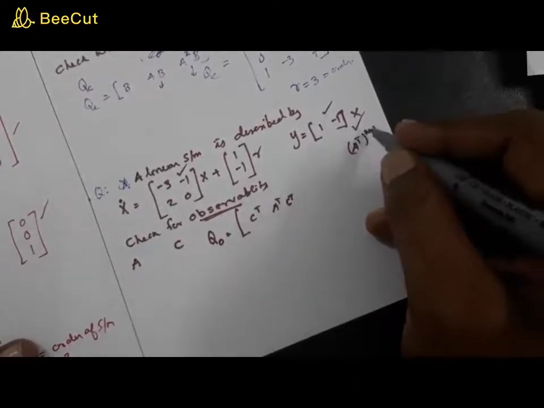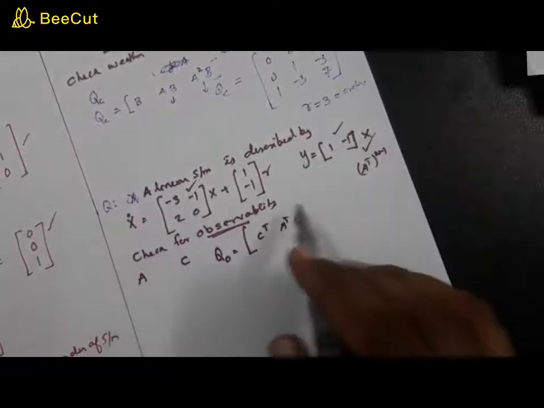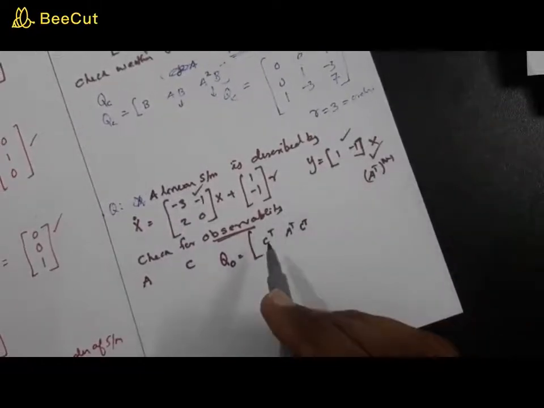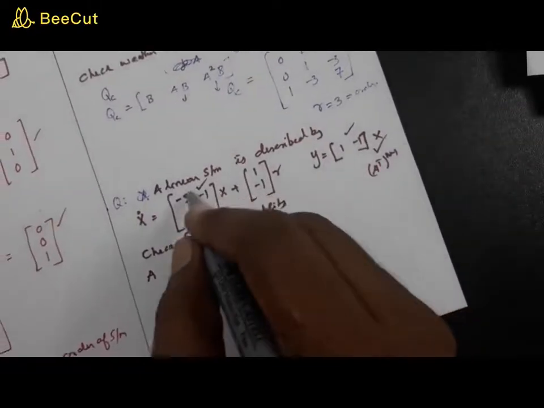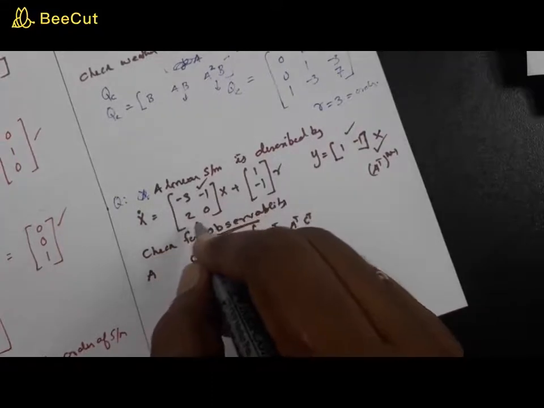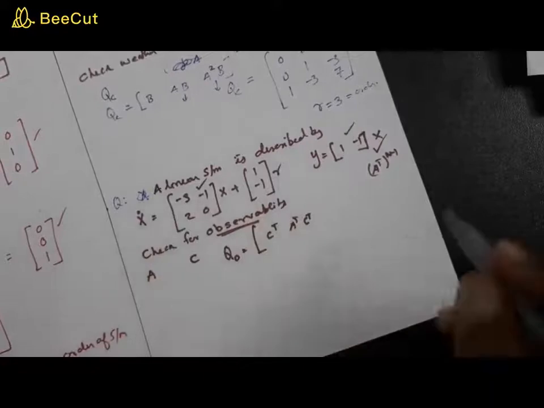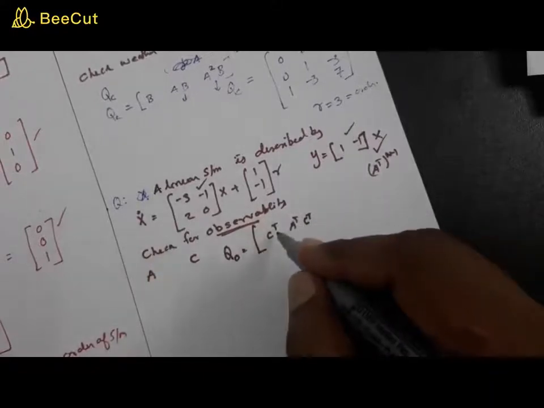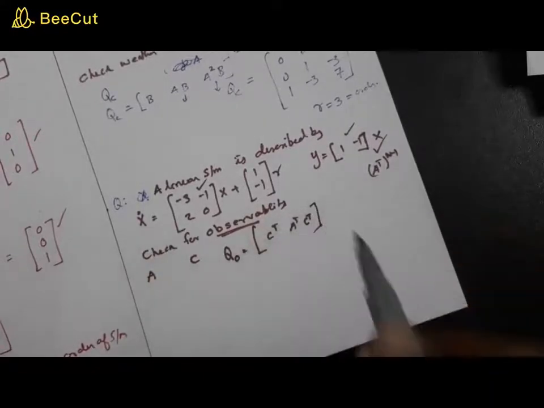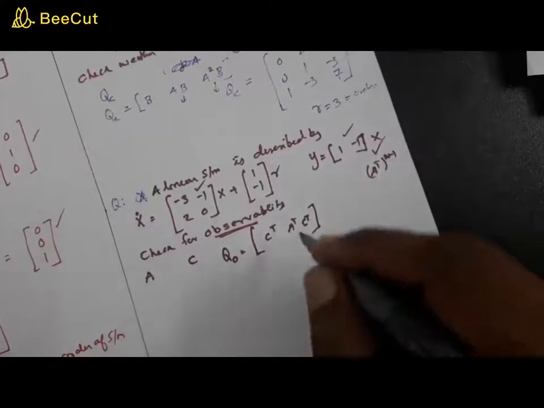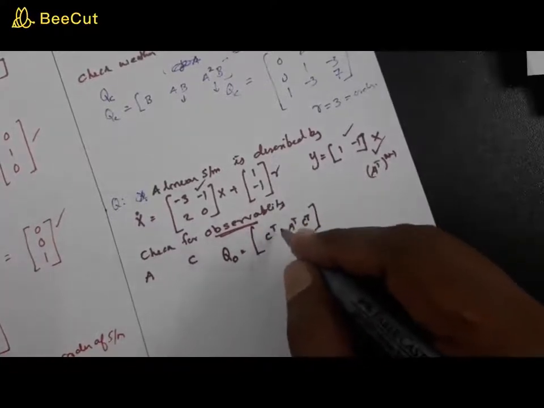Here n is 2. Now how did you find out that n is 2? Look at the system matrix. The system matrix is a 2 by 2 matrix, so n is equal to 2. So it is C transpose, A transpose into C transpose. That's enough.